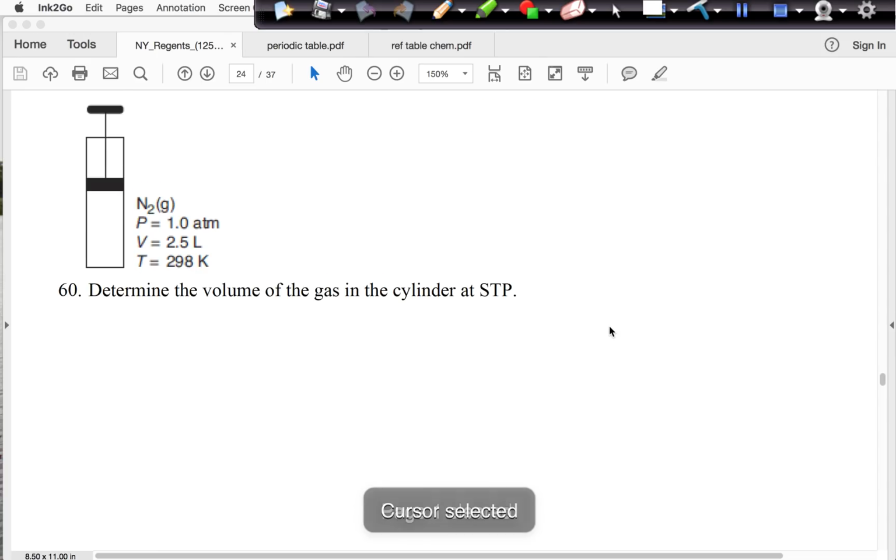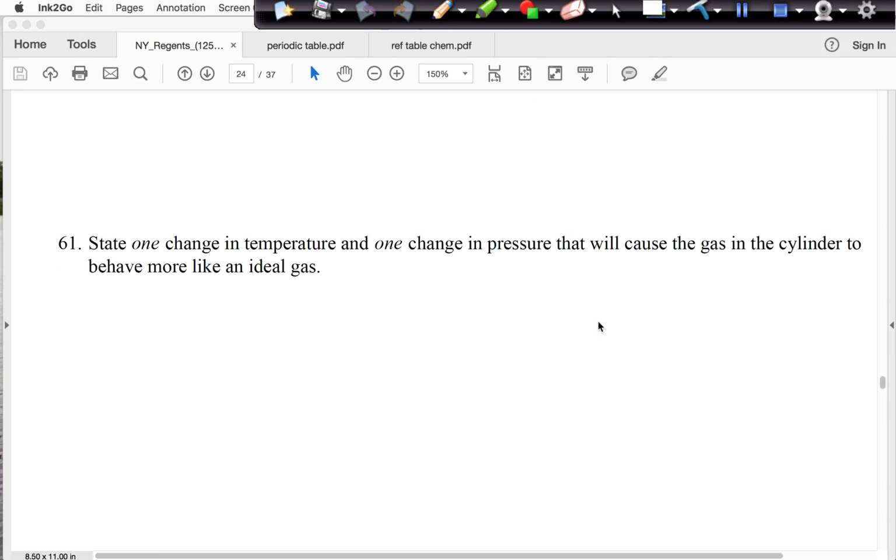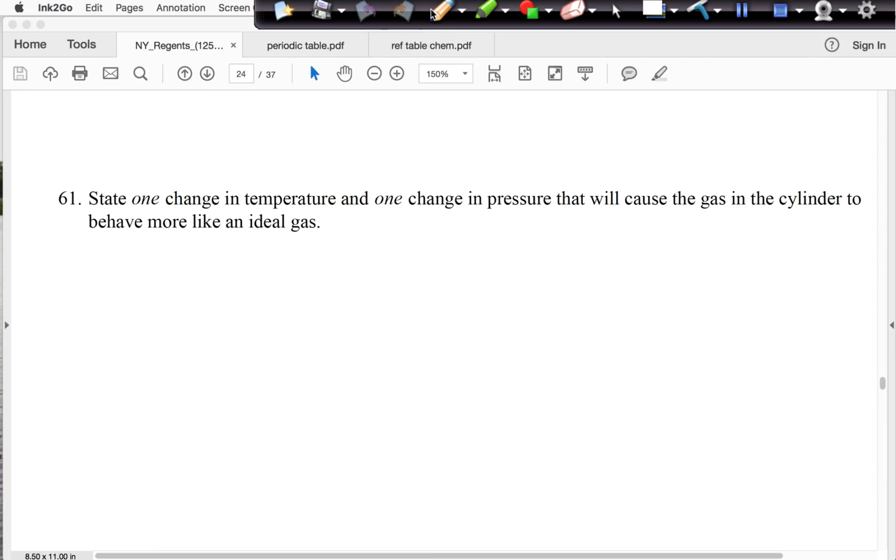Number 61 is also based on the same set of information, but this one is asking for one change in temperature and one change in pressure that will make the gas behave more ideal. So if you remember, when we did questions about how to make gases behave more ideal, we said that we would base it on our most ideal vacation situation.